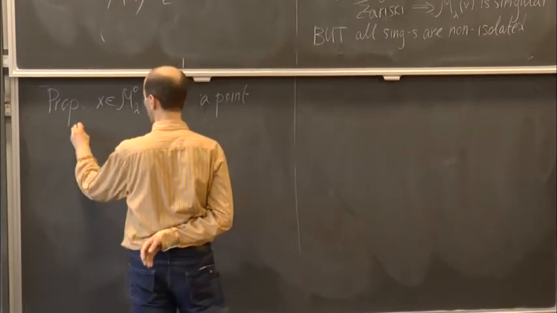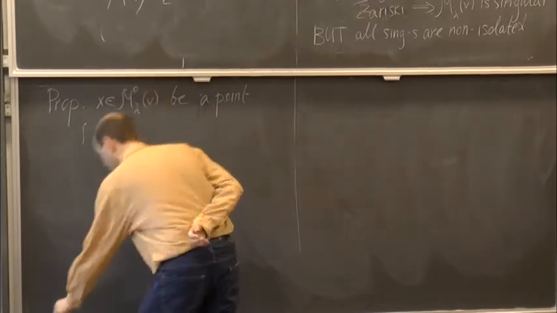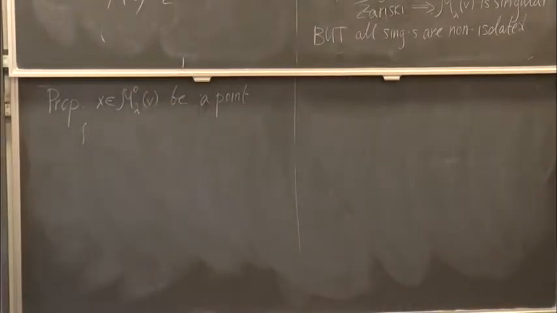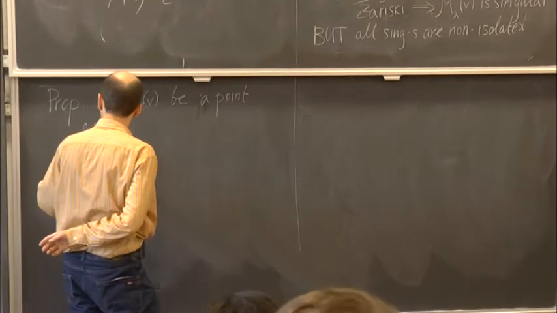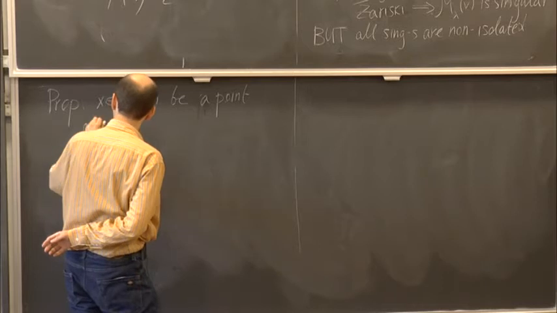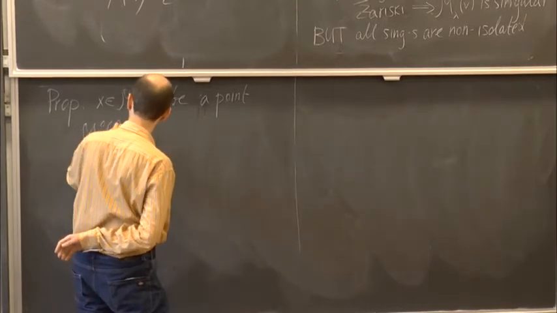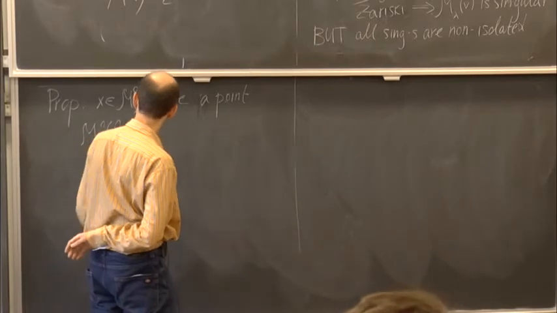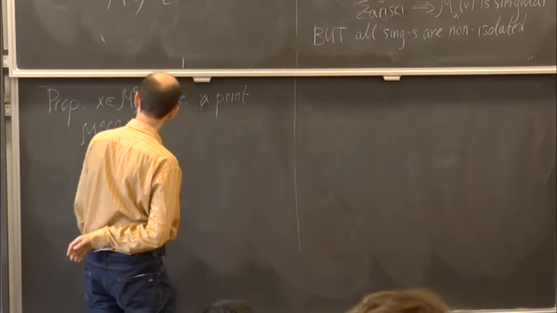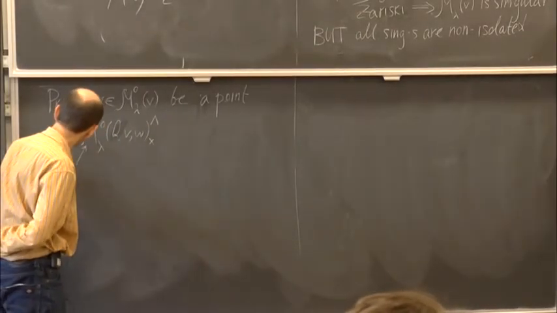Then the formal neighborhood of this point inside of the Q variety, M lambda V, well, maybe I should write Q W, completed at X. So this is the formal neighborhood.